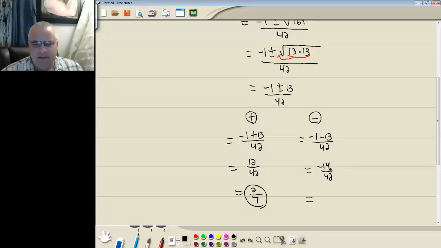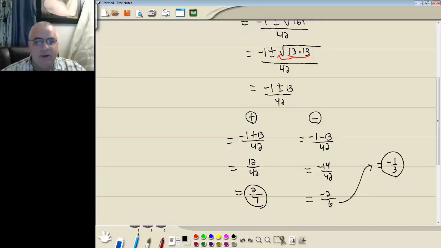And I believe these are both divisible by 14. Just from past semesters, typically I just see the 7, but I think it's more than that. But let's do the 7, just because I'm not sure. Negative 14 divided by 7 is negative 2. 42 divided by 7 is 6. And I see it does reduce some more. So that gives us negative 1/3. So those would be your two answers for that problem.